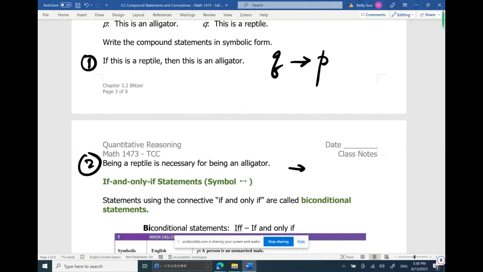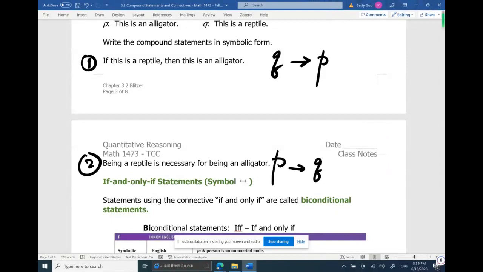This is a reptile, so Q is going to be the consequent. And P, being an alligator, would be the antecedent. So Q is necessary for P. It is the same as if P then Q. Being a reptile, Q, is necessary for being an alligator.